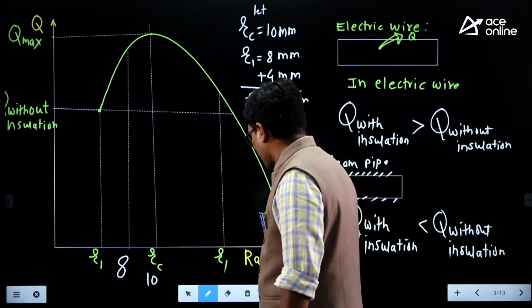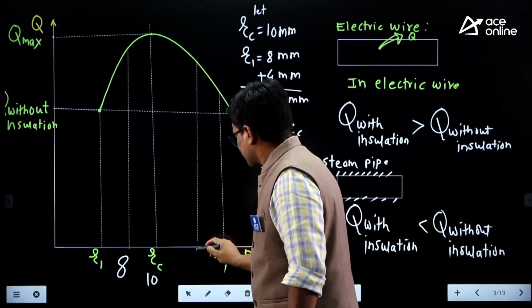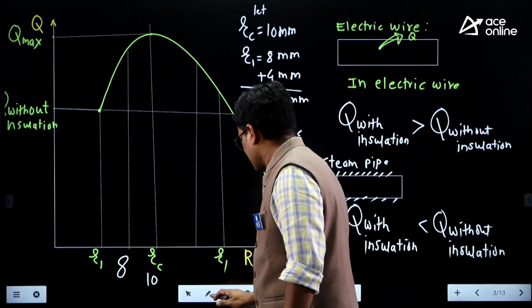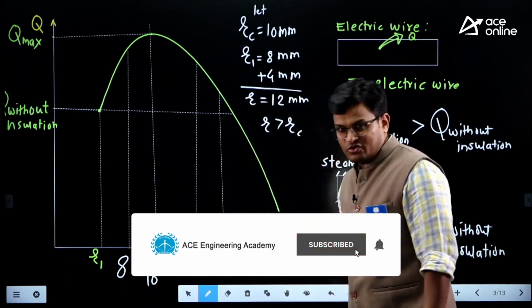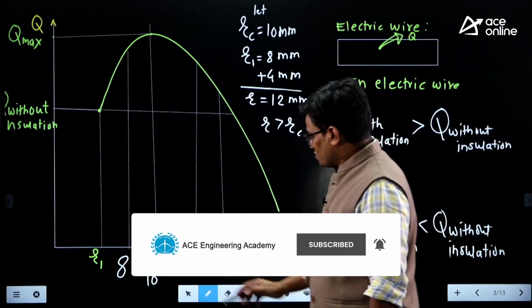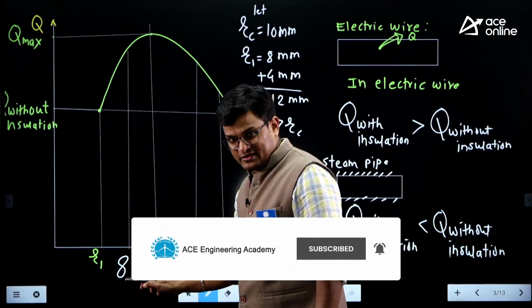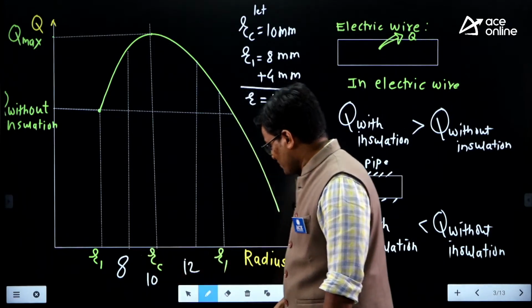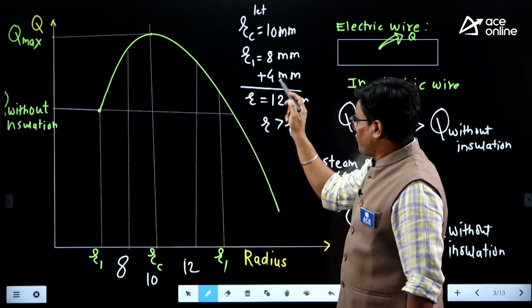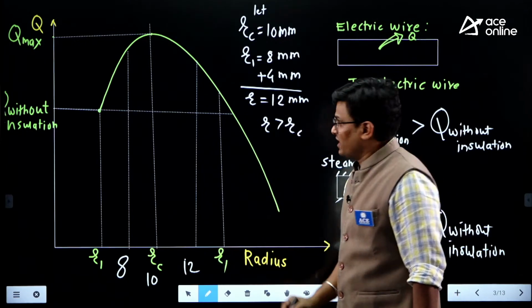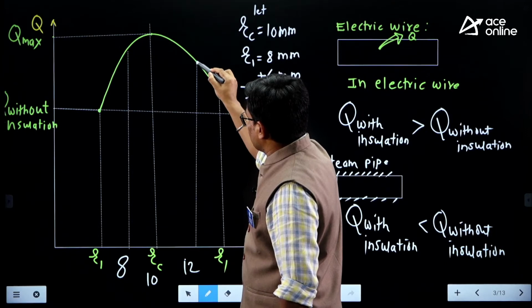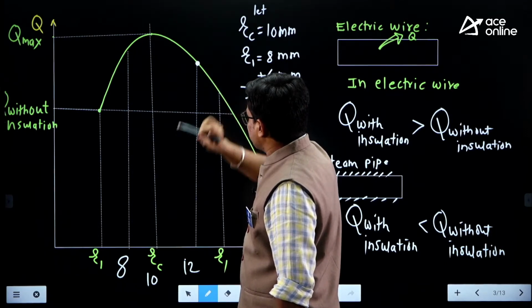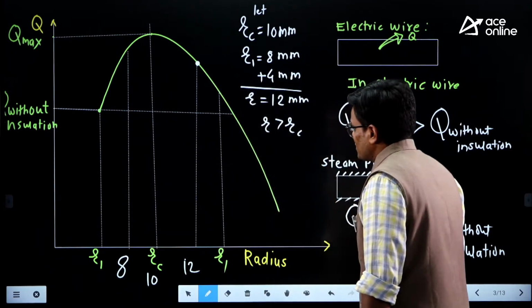So now you reach this point. Now it is 12. Check whether your condition is satisfied or not. Initially you manufactured 8, then you added 4 mm of insulation, now it is 12, so you are reaching this point.